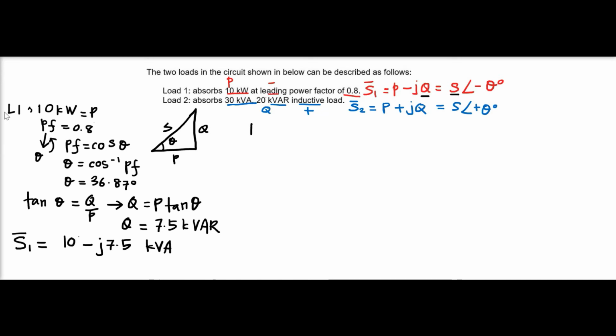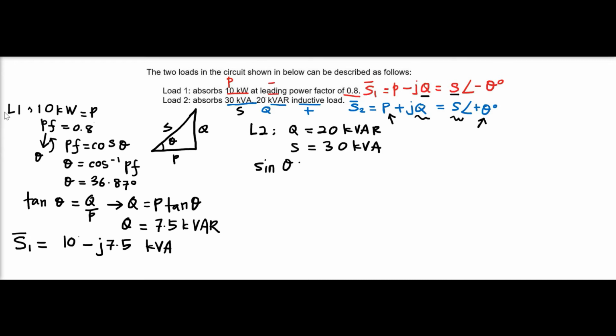Now for load 2, given Q equals 20 kVAr and S equals 30 kVA. Since you are given Q and S, you can get either P or theta. Let's say I want to use sine.